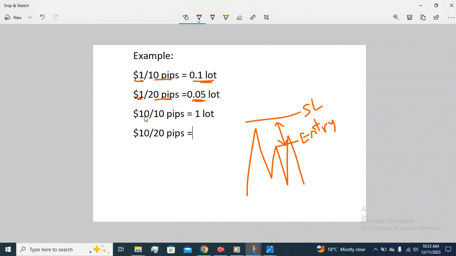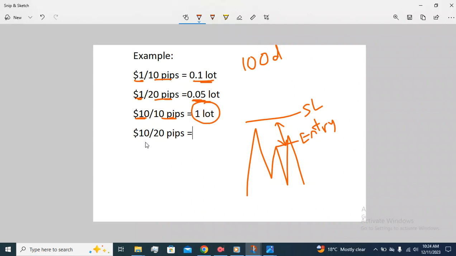If you're willing to lose $10 in your account. For example, we are working with theoretically a $100 account, right? If you're willing to lose $10, I believe that's 10% of a $100 account, and the distance between your entry and stop loss is 10 pips, then you use one standard lot, right?